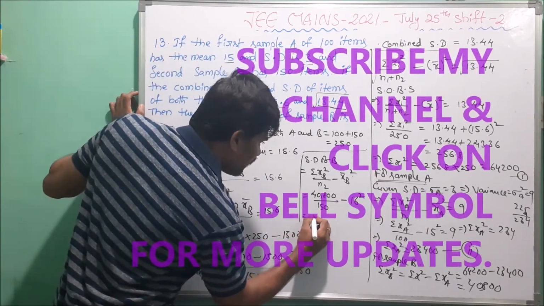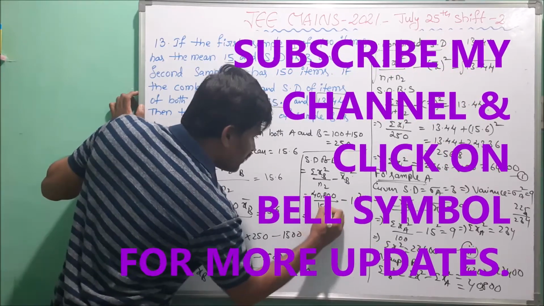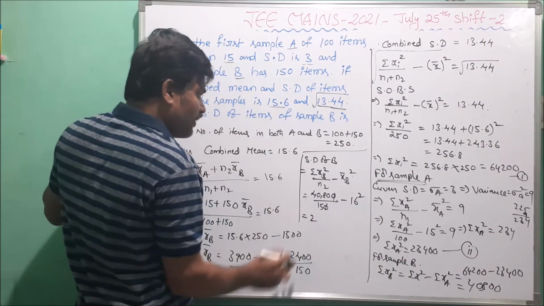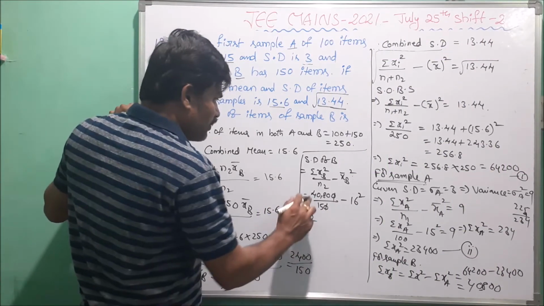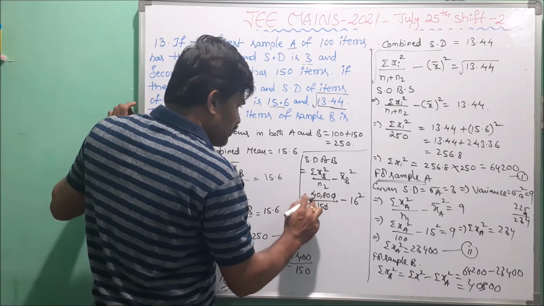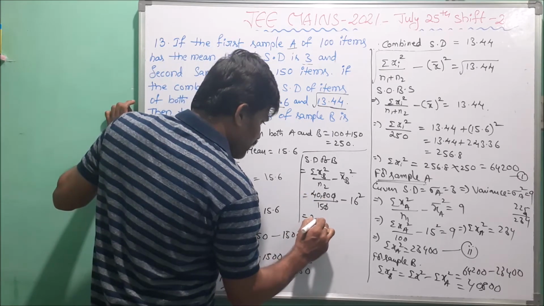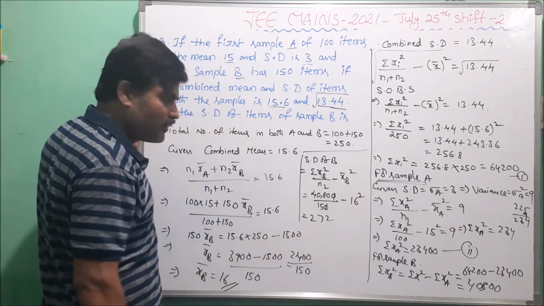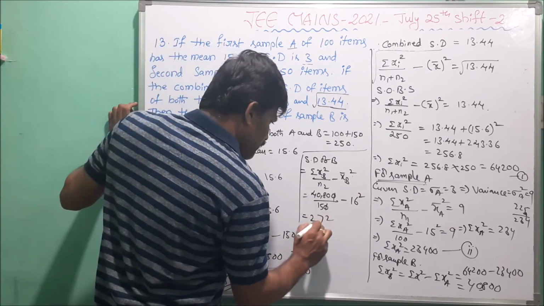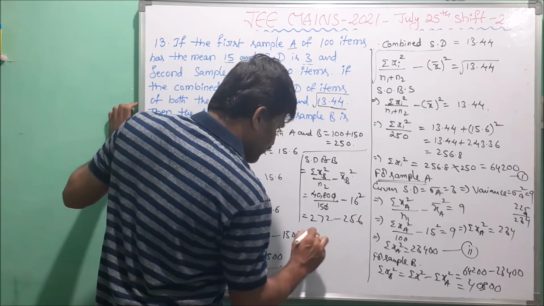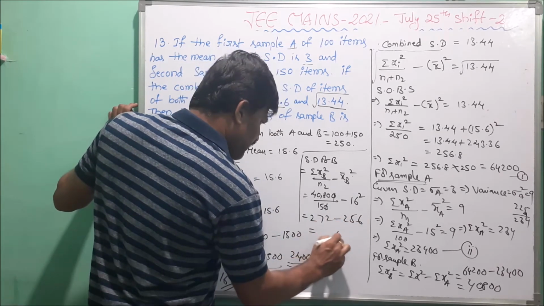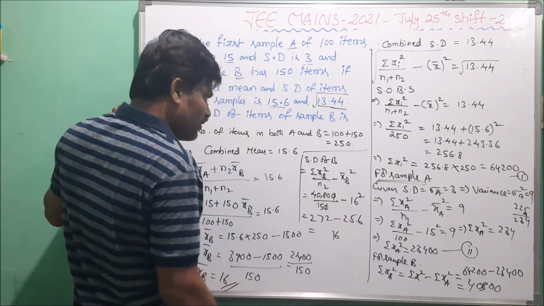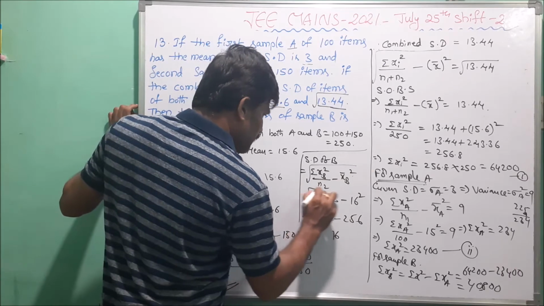Here it can simplify: the zeros cancel, 150 goes 272 times, giving 272 minus 256, which is 16. Now the square root is there.